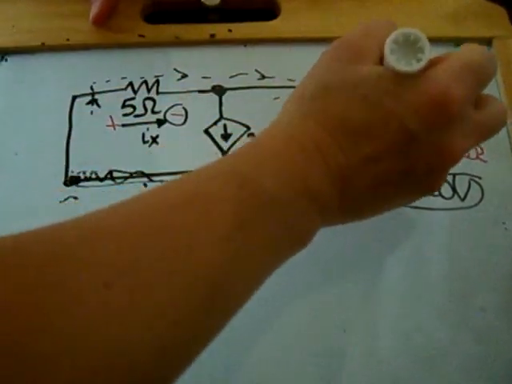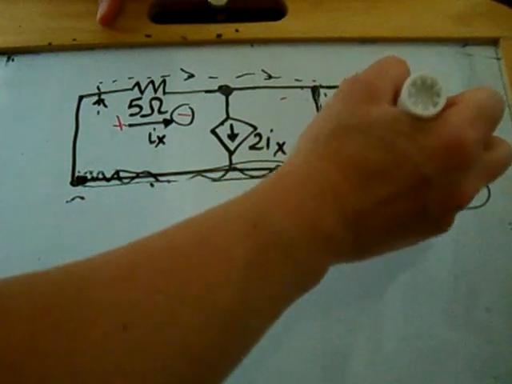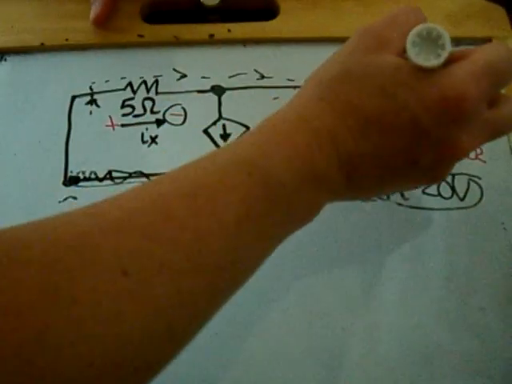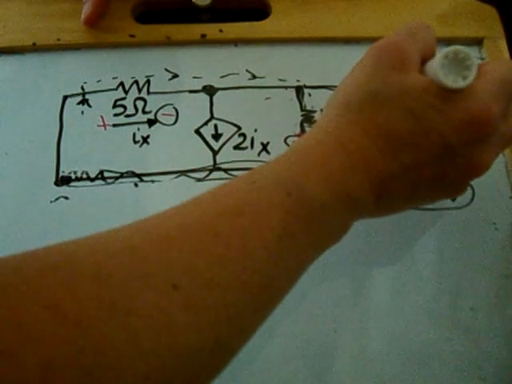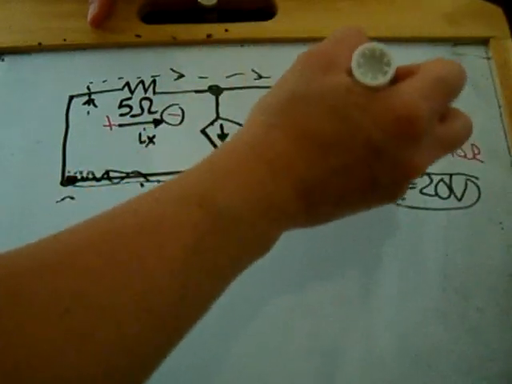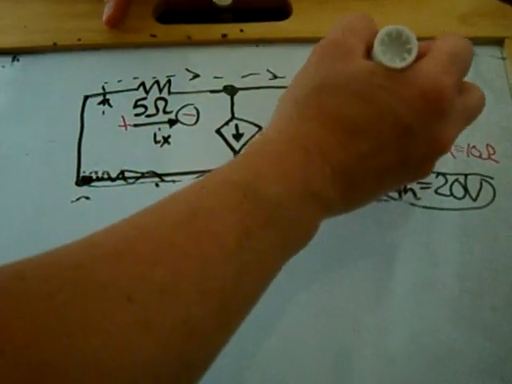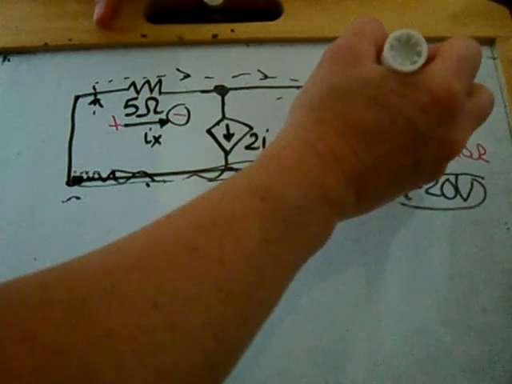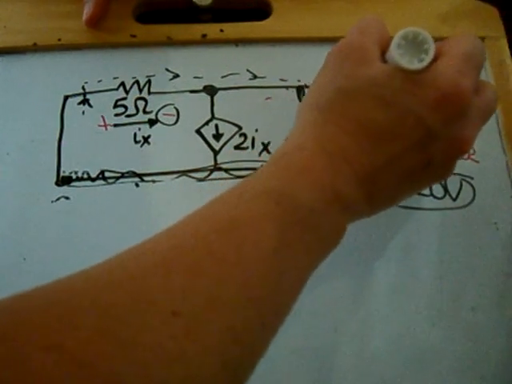So I'm going to place either a voltage source or a current source here. I'm going to do a voltage source, and then I need to find this current, which I'm going to call IT.